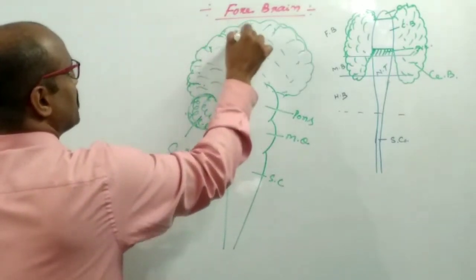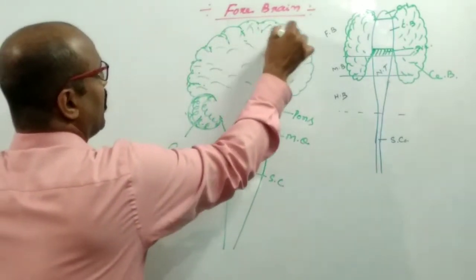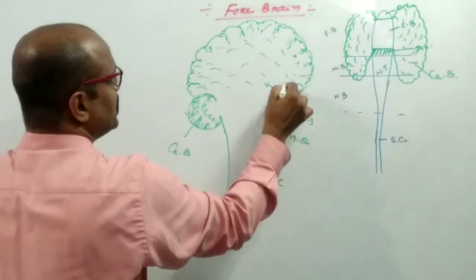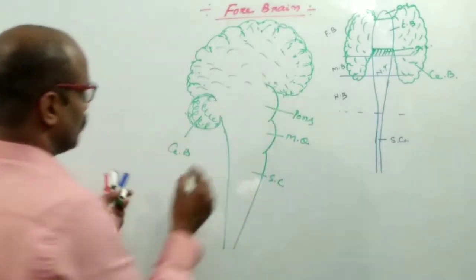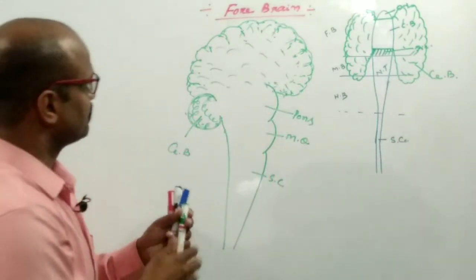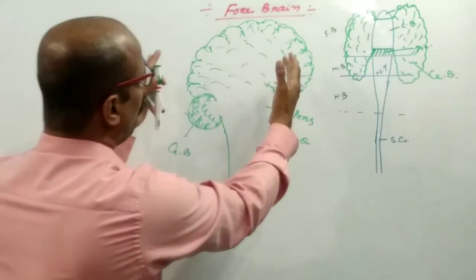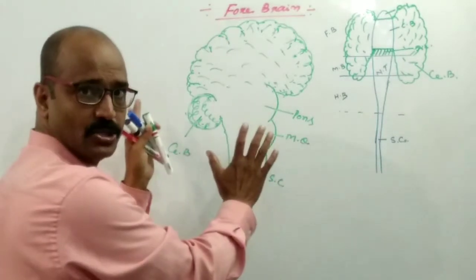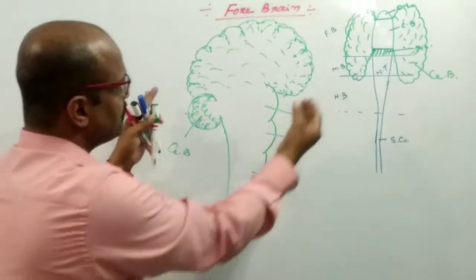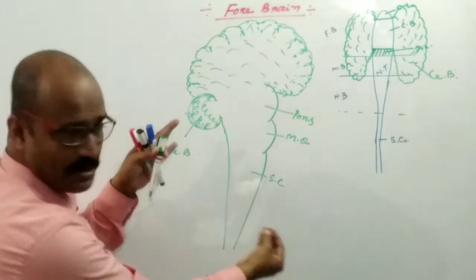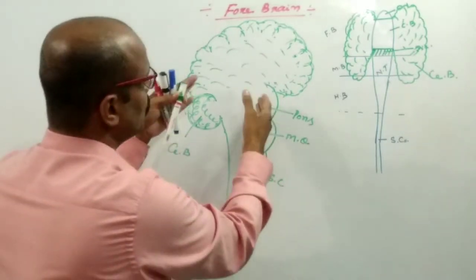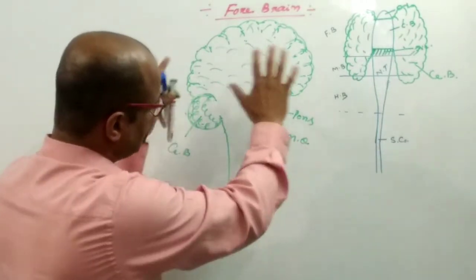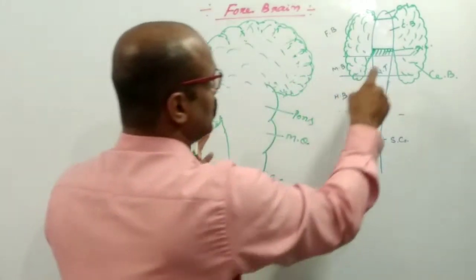Here you clearly observe that the cerebrum is the highly developed, highly grown part of the brain, and it covers almost all parts of the brain, like the olfactory lobe. It is not visible here. The olfactory lobe is visible if you observe from the ventral side, and this is the figure of the lateral side.